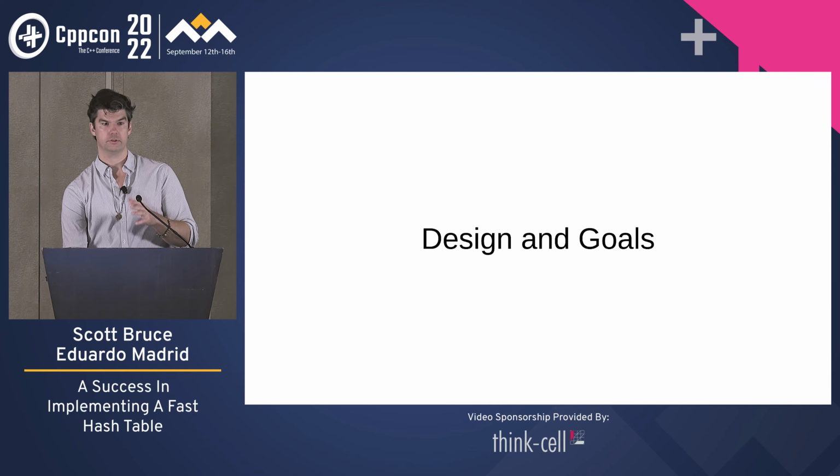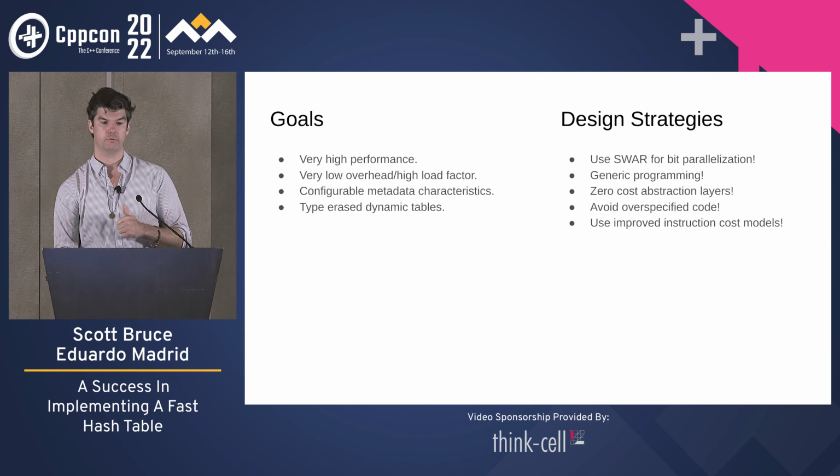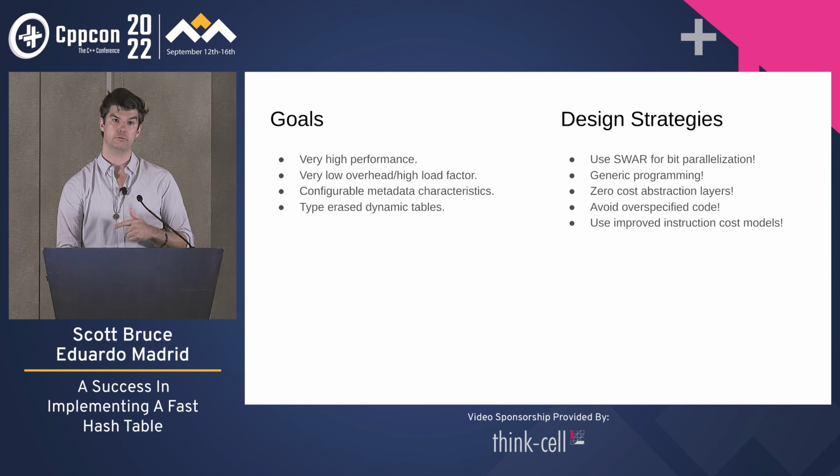Design and goals. We have a very high design target, which is to get extraordinarily high performance, do it with extraordinarily high load factor, and design configurable metadata characteristics so you can choose the attributes of your table. And we want to have type-erased dynamic tables, which we'll talk about later.